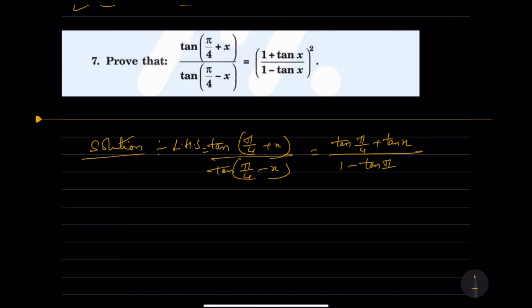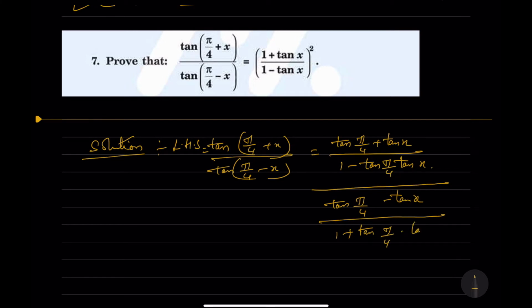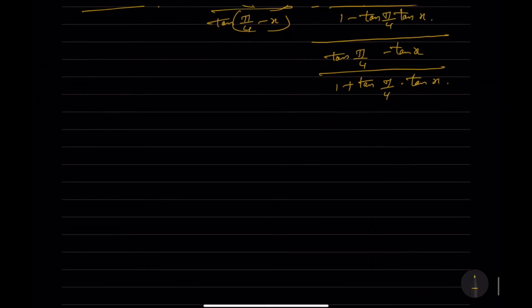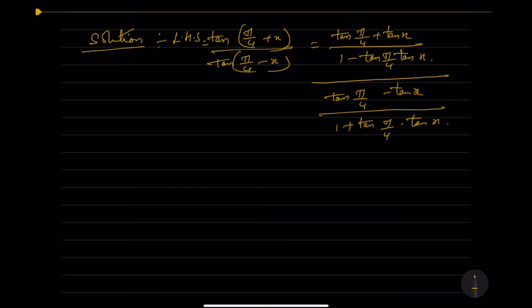So it is (tan π/4 + tan x) / (1 − tan π/4 tan x), divided by (tan π/4 − tan x) / (1 + tan π/4 tan x), sorry, 1 plus, because this is a minus b, isn't it? So 1 plus tan π/4 into tan x. That is, a/b divided by c/d is equal to ad/bc.